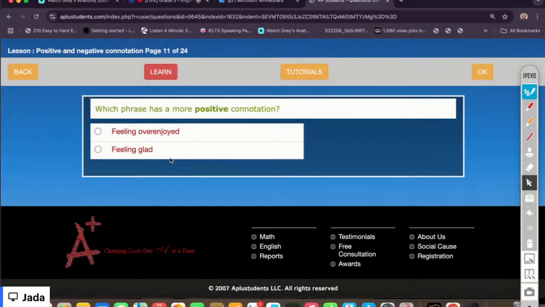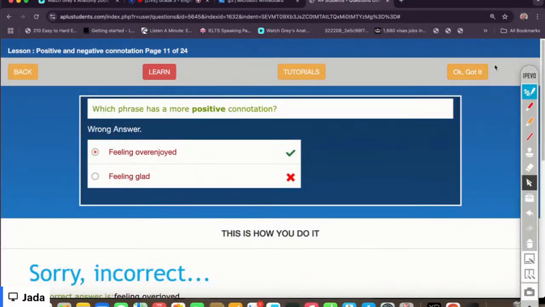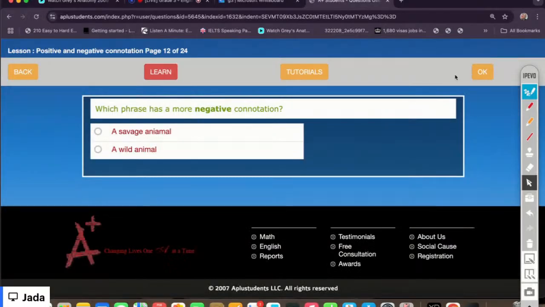Okay, so positive is going to be what? Feeling glad. Overjoyed is more positive because it's like you have lots of feelings.